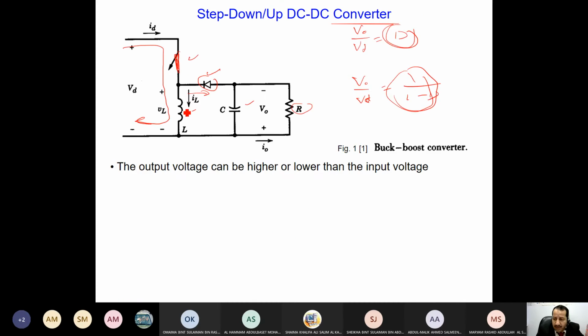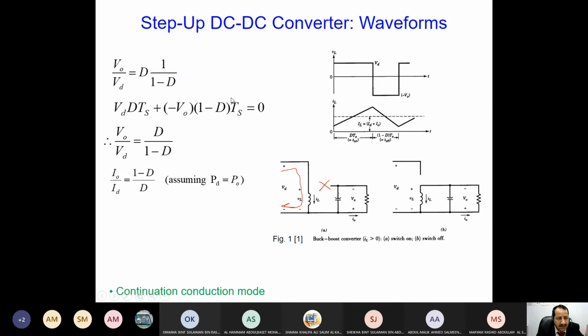Now the energy is stored in the inductance. When I open this one, this energy needs to be released through the diode. You got it? It's released through the diode. How does the circuit look? You see here, the switch is open, energy is released through the diode here. It's short circuit now, it's conducting.